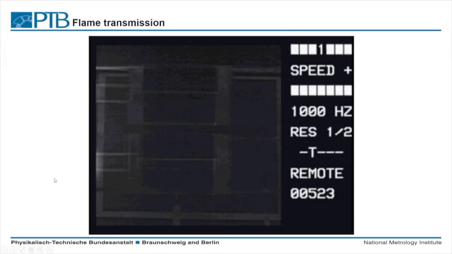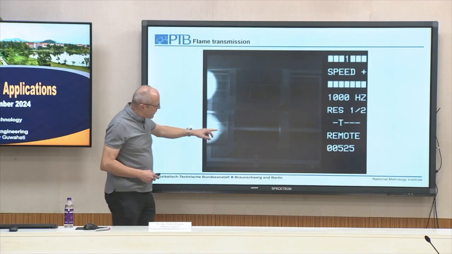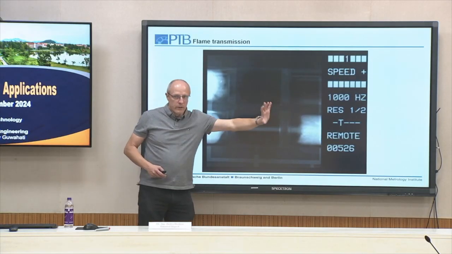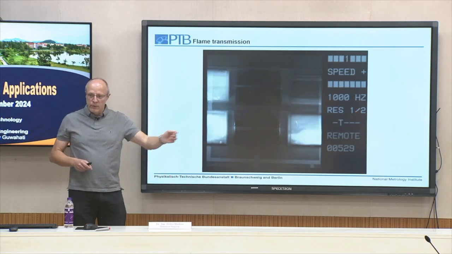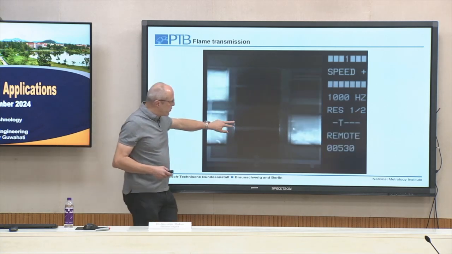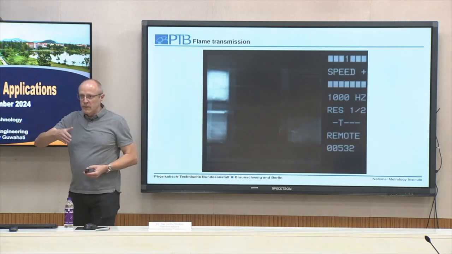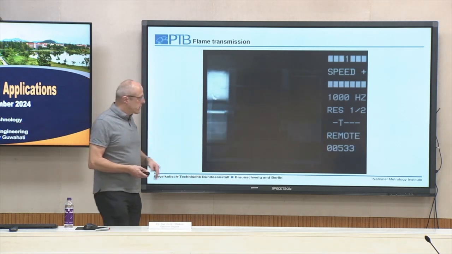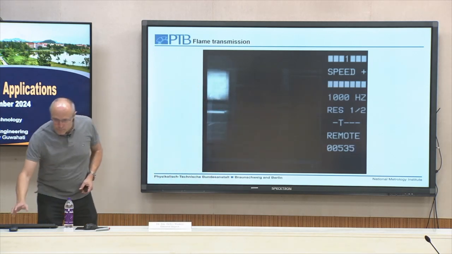So the flames are coming from the left. You see slow flame propagation, and you see here already the hot gas is sucked into the pipe, as there is of course a pressure difference between the two chambers. The gas is accelerated along this tube.